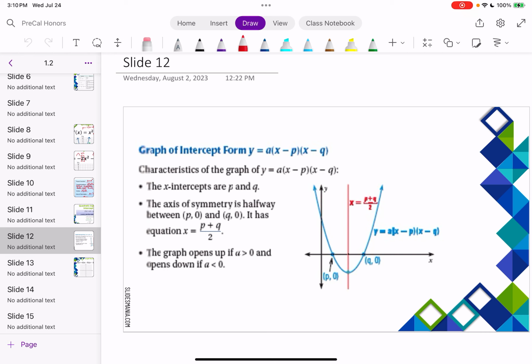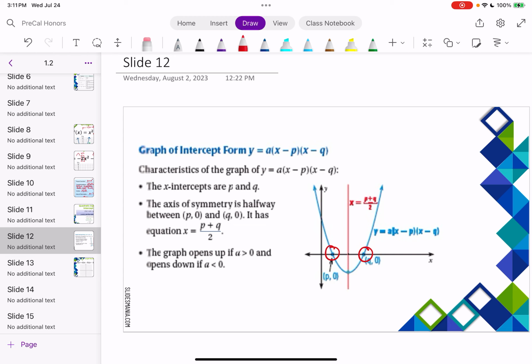In slide 12, we take a look at the exact same thing that we did. The only difference is we now have a better understanding of what's going on graphically in our intercept form equation. When we look at our graph and at intercepts, our intercepts are saying, hey, this is one point, this is our other point.